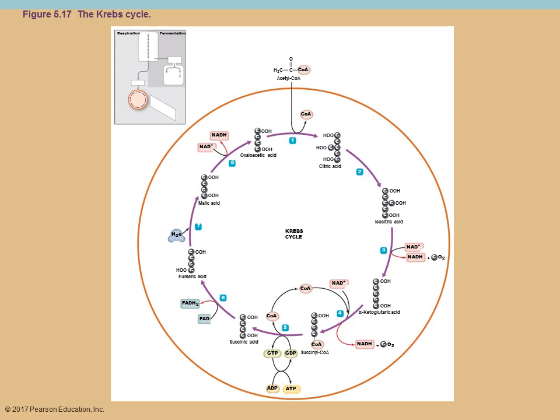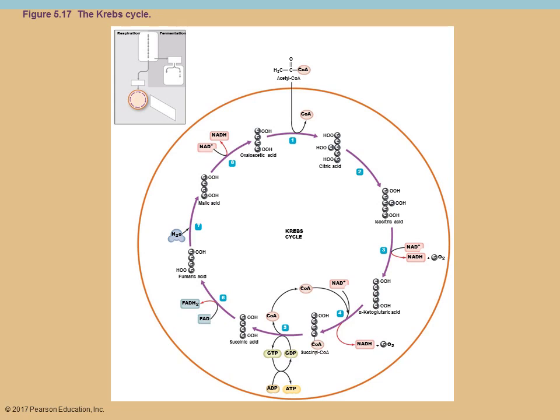So that 2-carbon compound of acetyl-CoA binds with oxaloacetate or oxaloacetic acid, which is 4 carbons. You add the 2 carbons from the acetyl-CoA, you now have a 6-carbon compound that is citric acid. That's why in biology they call it the citric acid cycle.